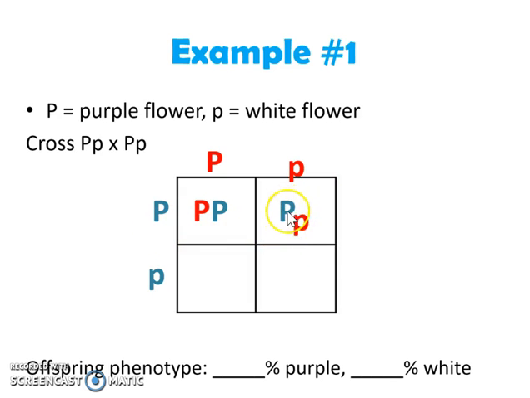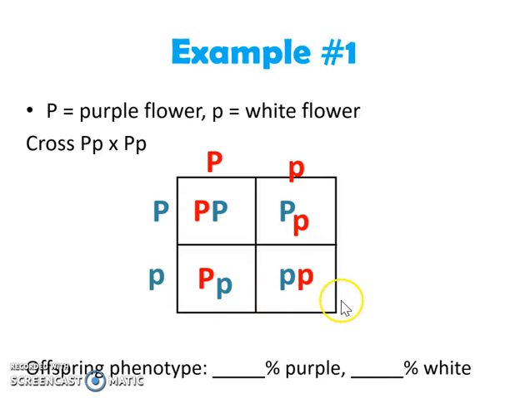Now you see here, I do like that the capital letters are always in front. Now here, start from the top, bring the big P down. Then you're going to bring this little p over. And then starting in this square, bring this little p down, and bring the little p from the left.